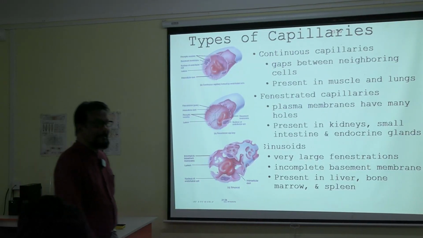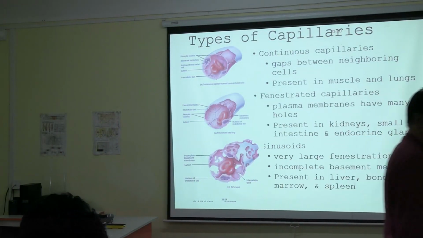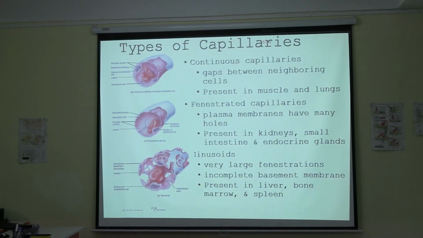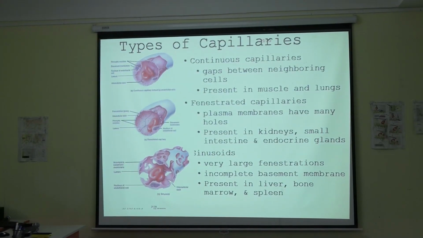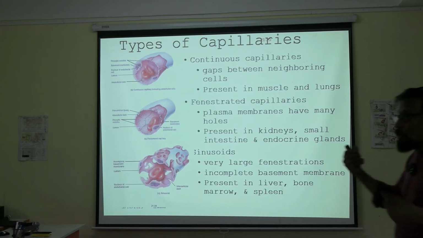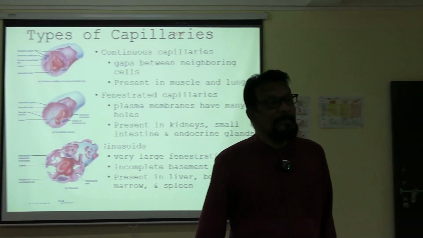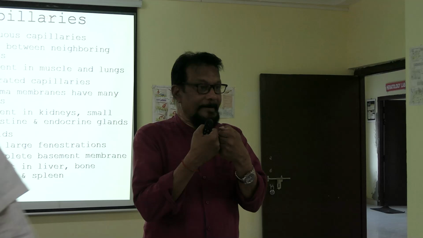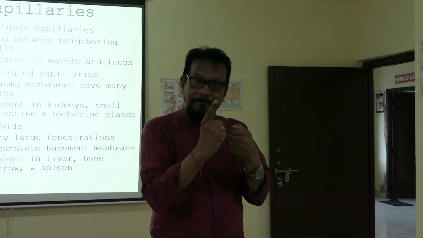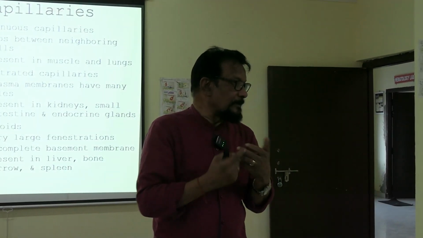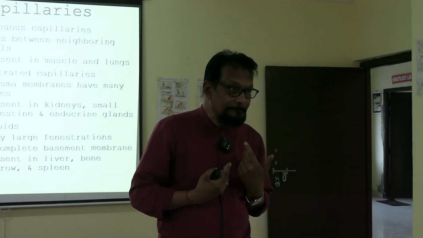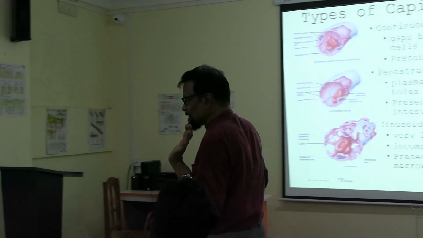Capillaries, as I said, are of three types. One is continuous capillaries, with no gap. Continuous capillaries means all the cells are tight, no gap is there. Then how do substances pass? All the cell membranes have pores. From the blood, substances enter these endothelial cells.